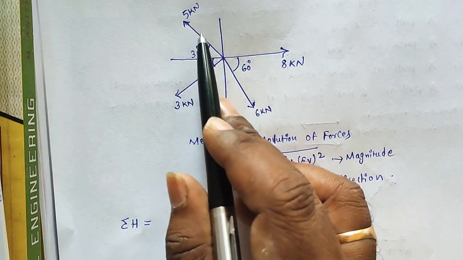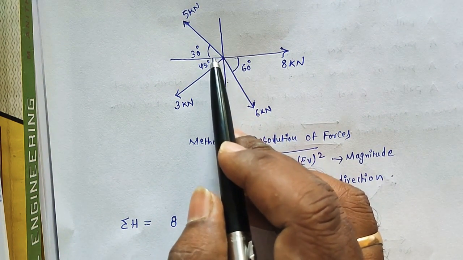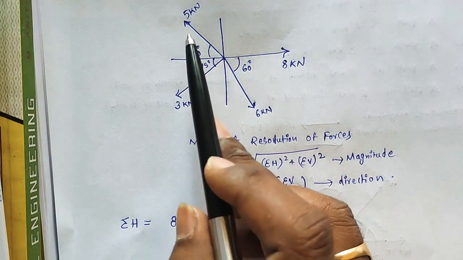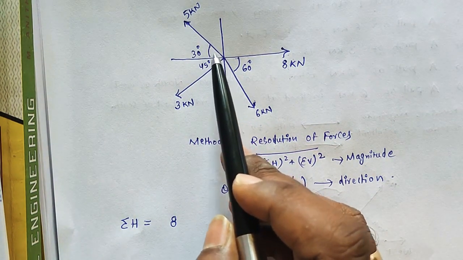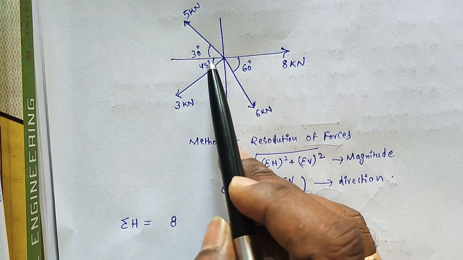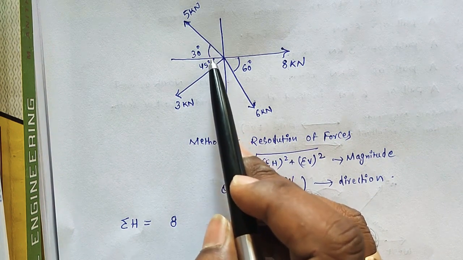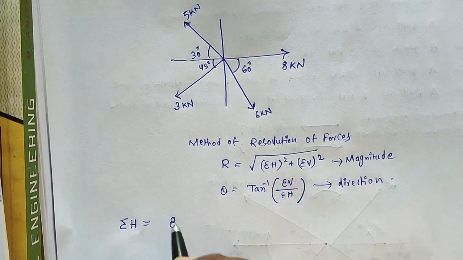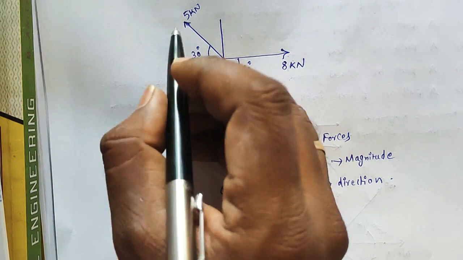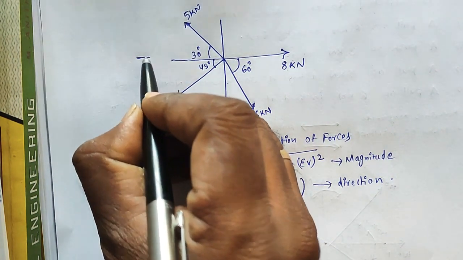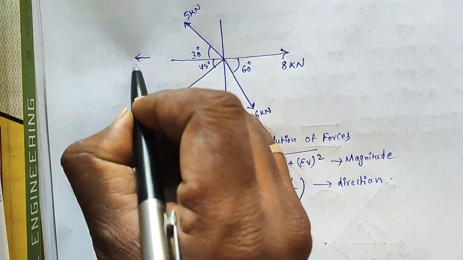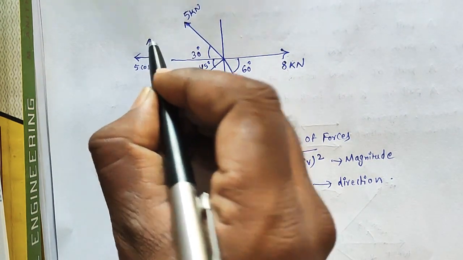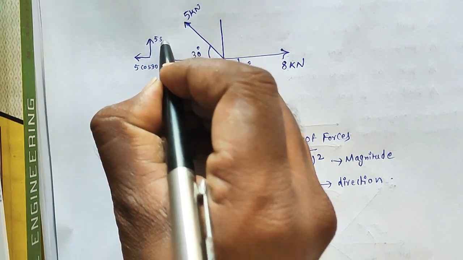So here the other force is 5 kilonewton. The horizontal component of this 5 kilonewton: it is making an angle of 30 degrees with the horizontal, so the horizontal component will become 5 cos 30 and the vertical component will become 5 sin 30.